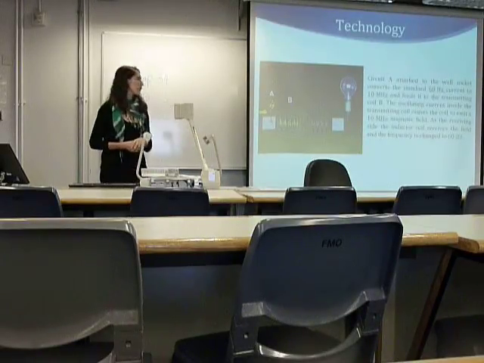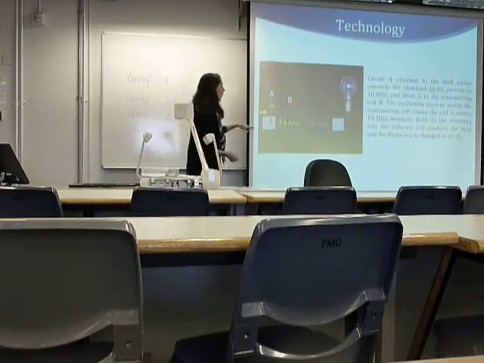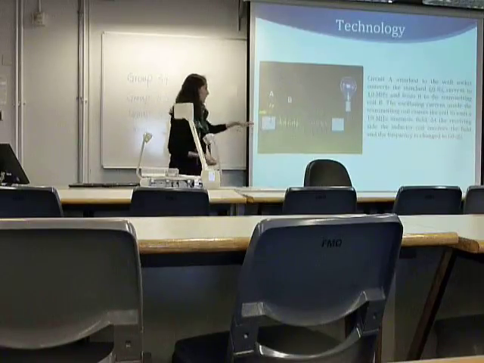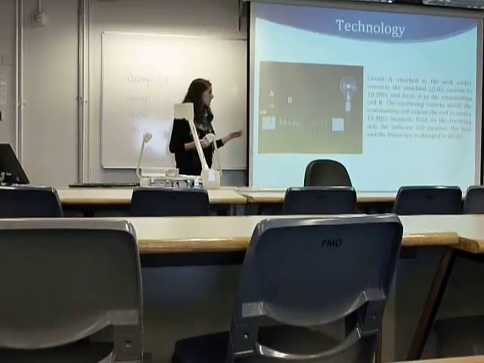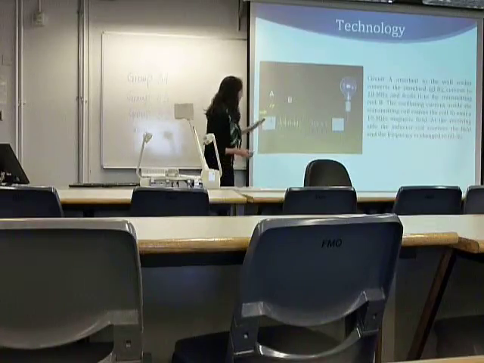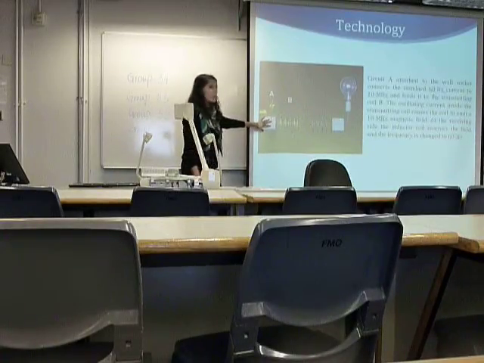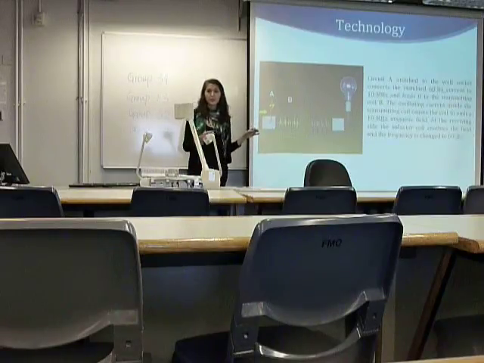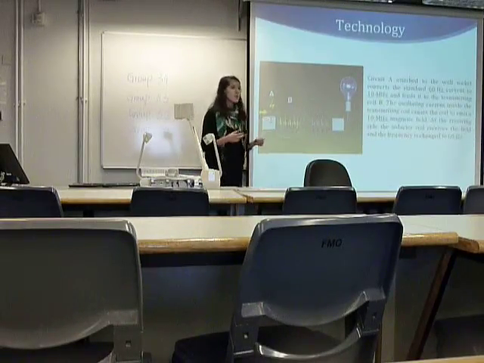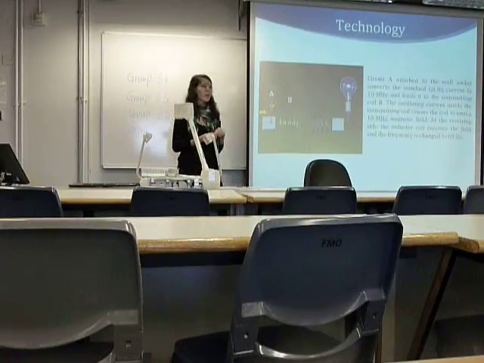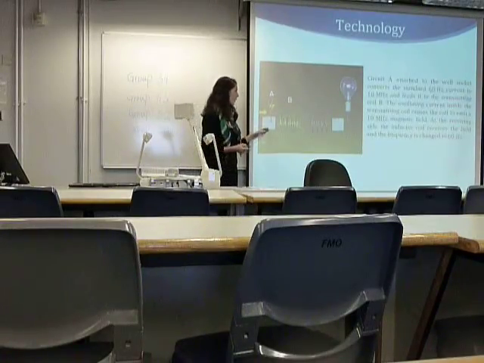Now, how does this technology work? We have a circuit A that is connected to a wall circuit, meaning that it is connected by wires. So the current reaches the circuit at 60 hertz, and this circuit will convert it to a higher frequency of megahertz, in this case 10 megahertz.